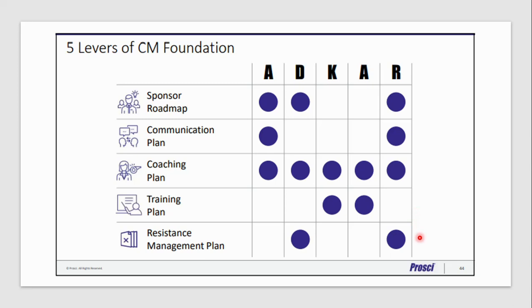And the resistance management plan is again for everybody to ensure that there is no resistance at the desire level, because resistance will come at the desire level and mainly where they try to participate, decide to participate, and at the end where they try to resist continuously using the new method.